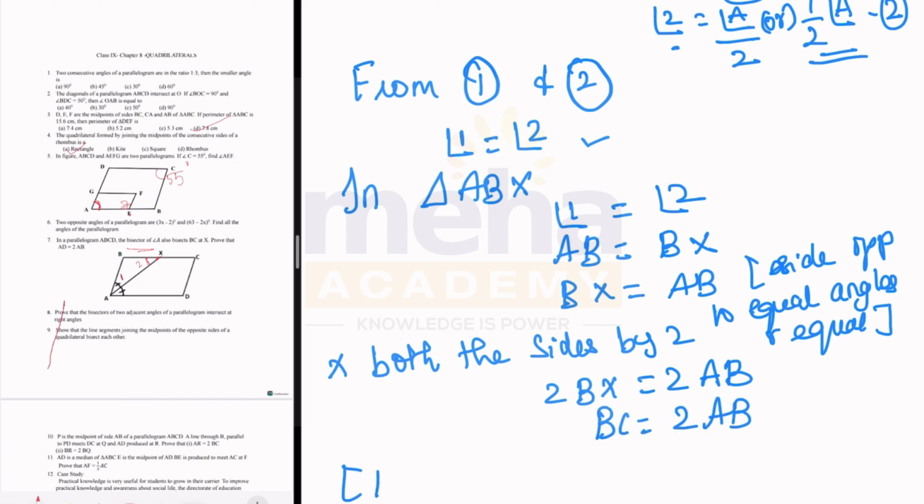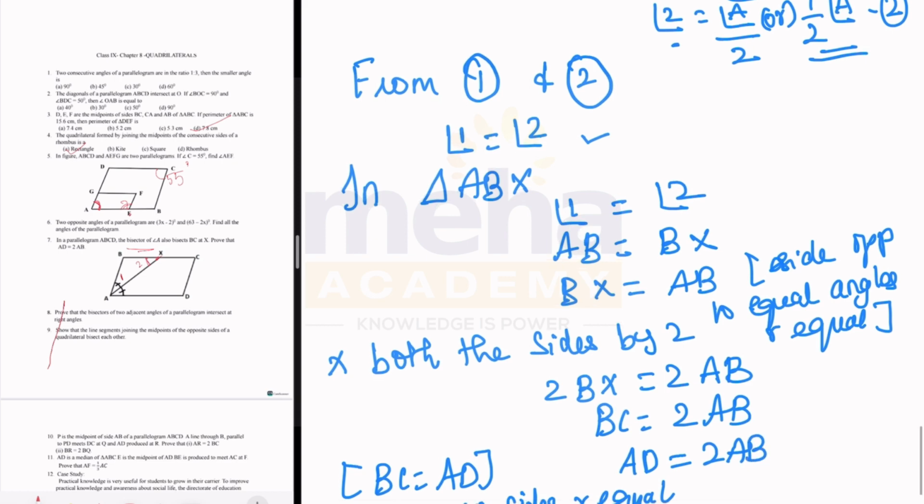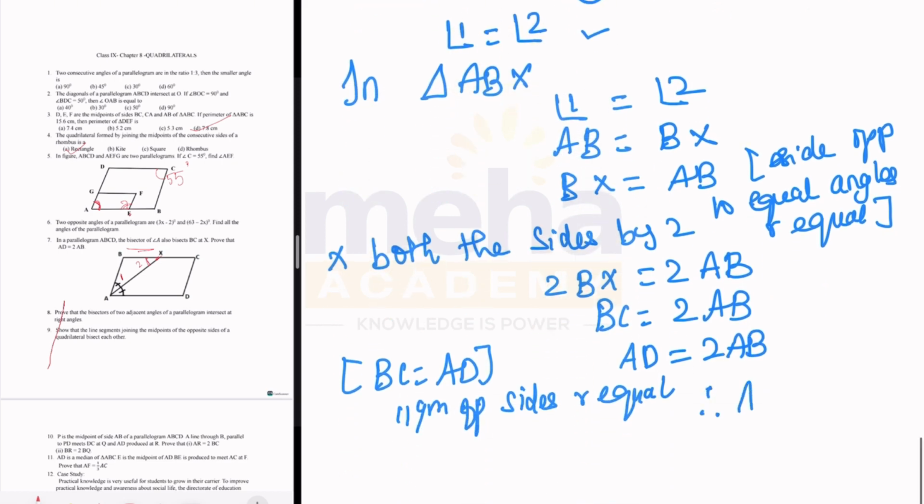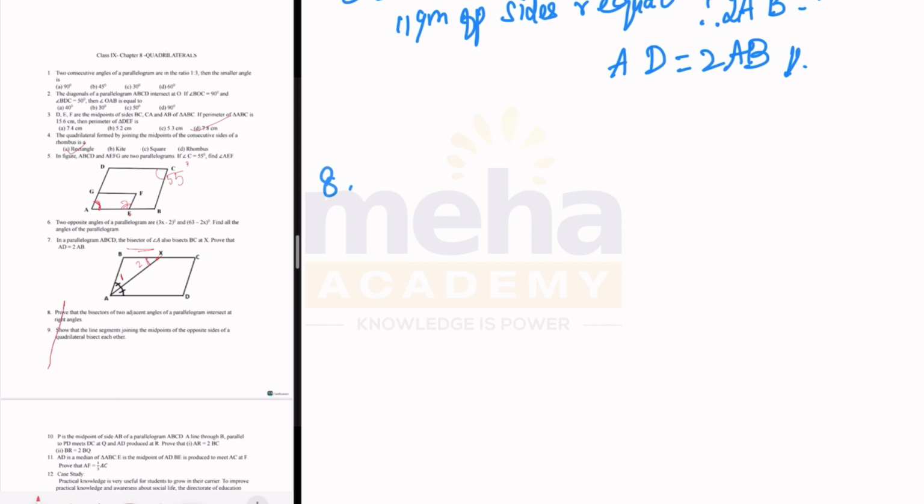I can say BC is equal to AD because in a parallelogram opposite sides are equal. So instead of BC I will write AD is equal to 2AB. Therefore AD is equal to 2AB. Hence proved.